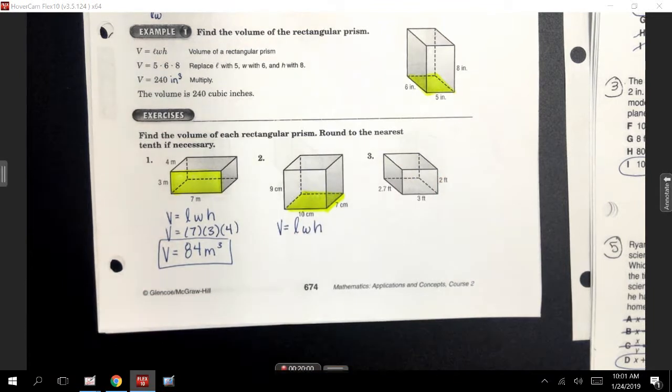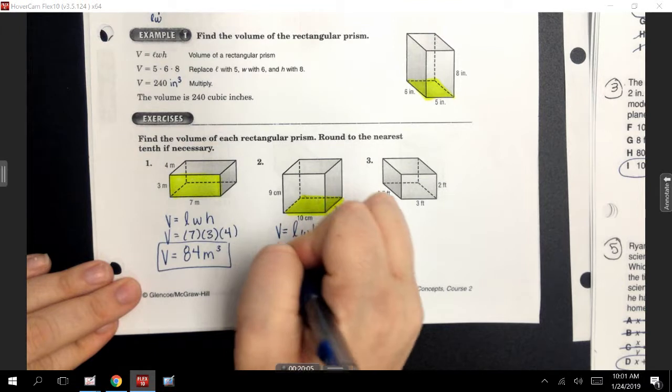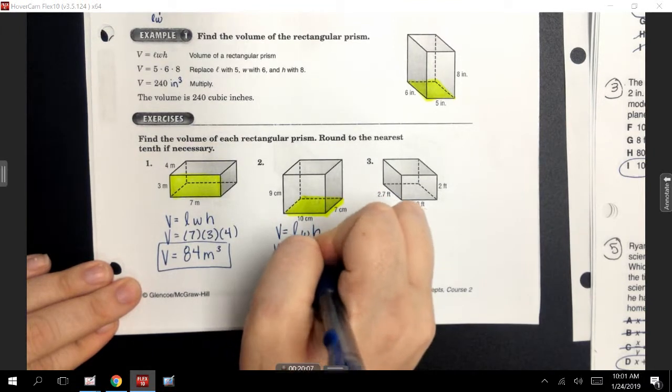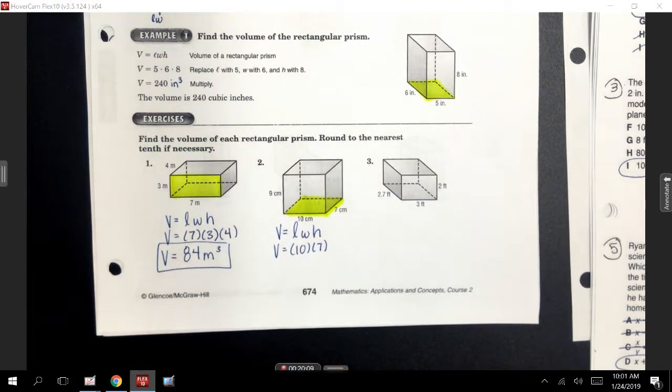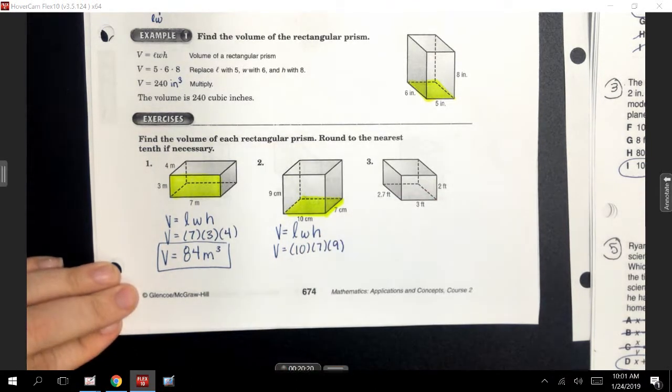Are y'all okay with that? Okay. Now I'm going to do volume equals 10 times 7. So Malachi, if you did 7 times 10, is that okay? Yeah. But what does my height have to be for this shape? 9. So the last number has to be 9.